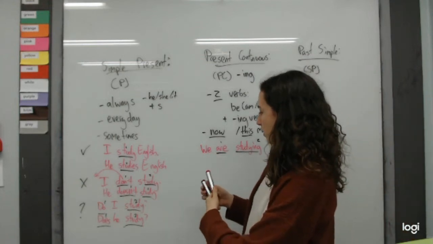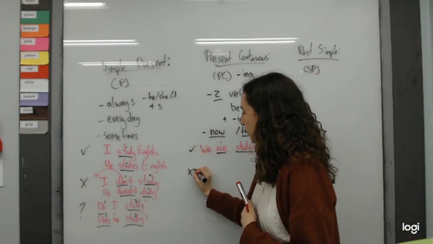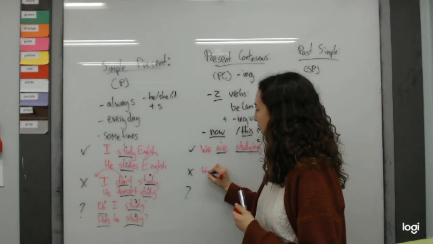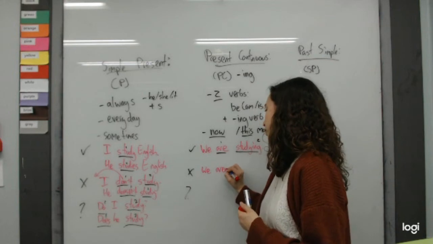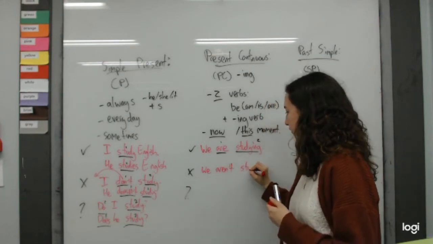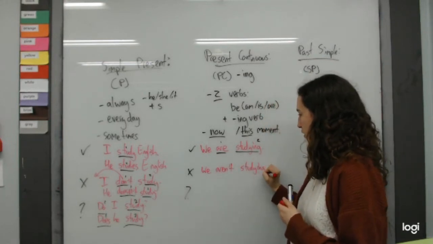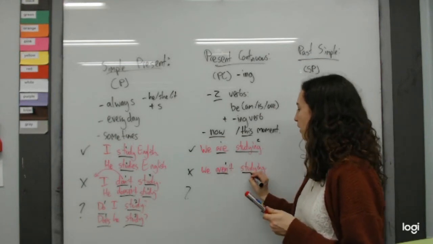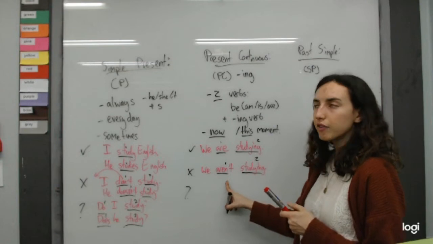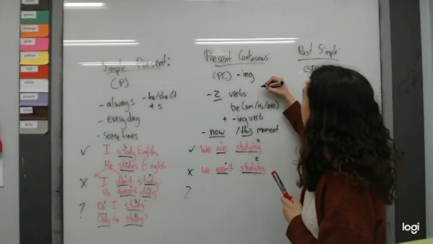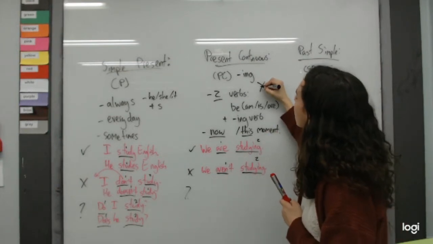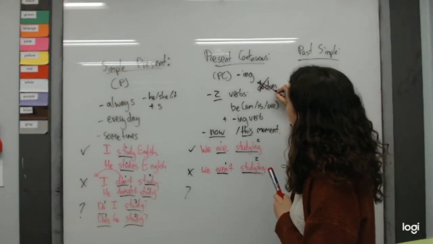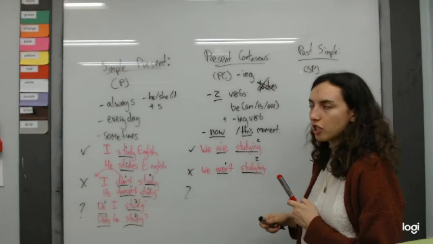For a no sentence, we can say, we aren't studying. You just have to change this one to not. With this one, we never use do or does. We don't use do and does with ing together.